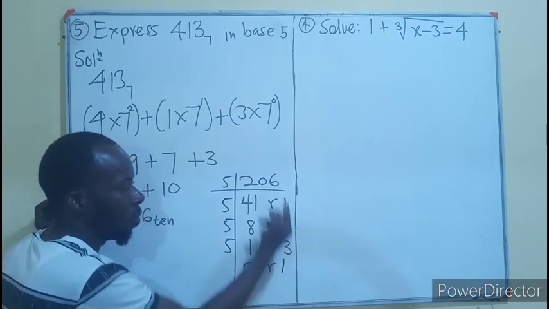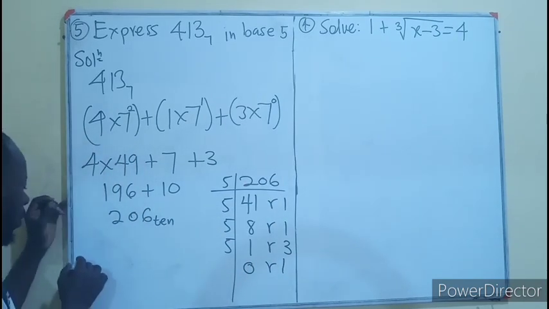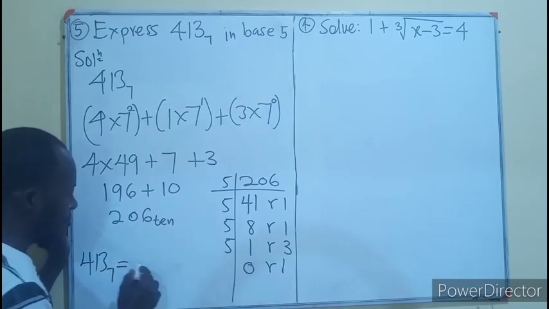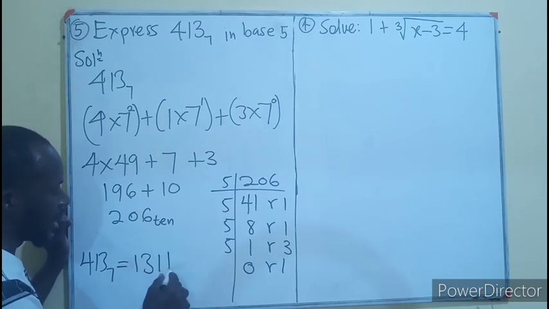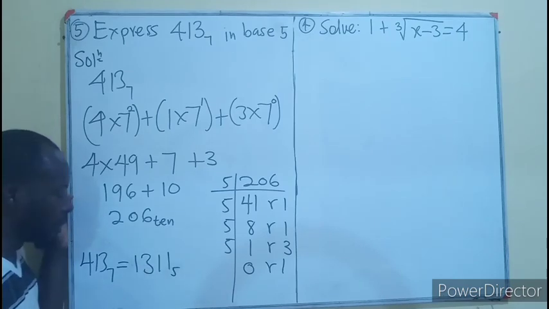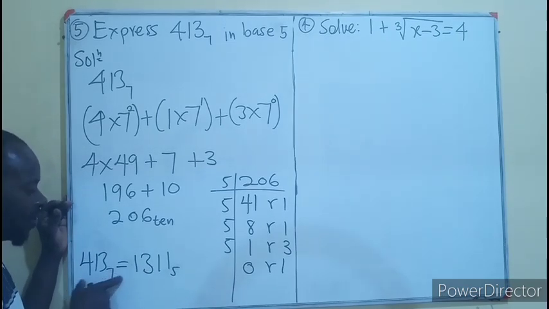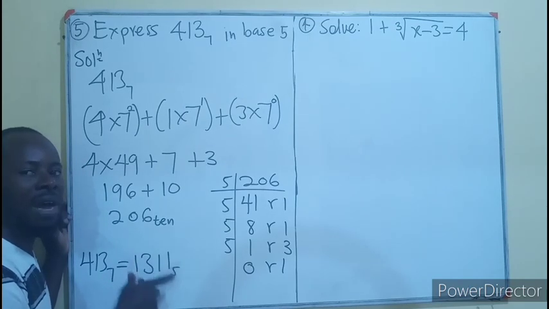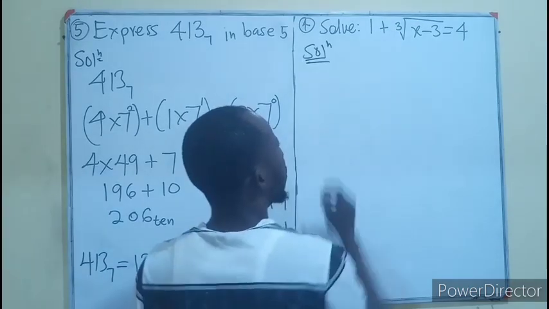We write from the bottom upward. Therefore, 413 base 7 will now become 1311 base 5.